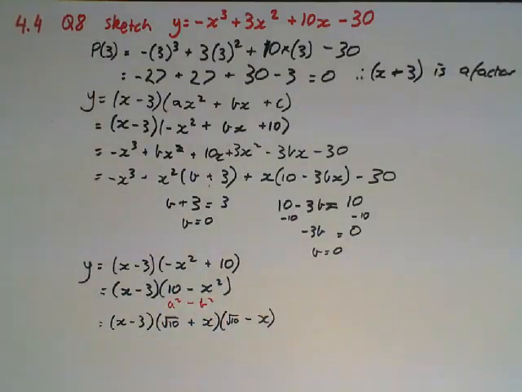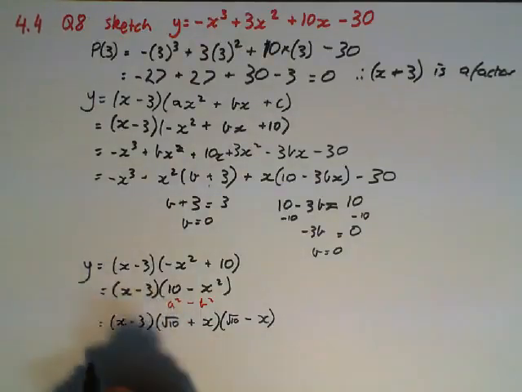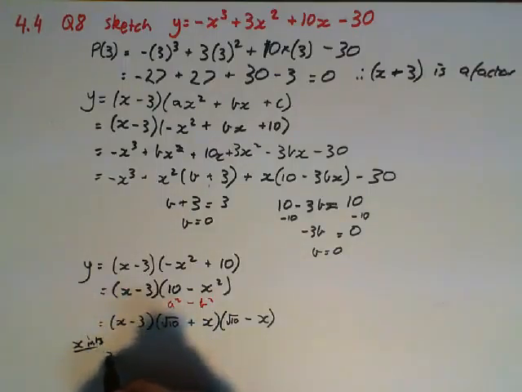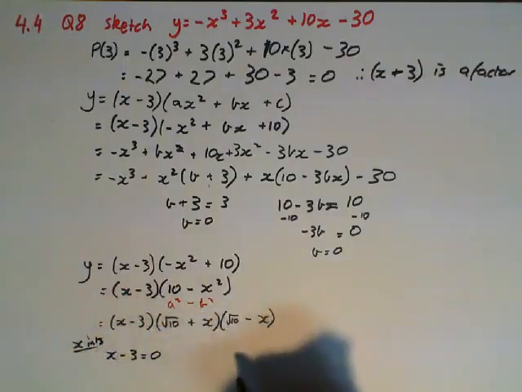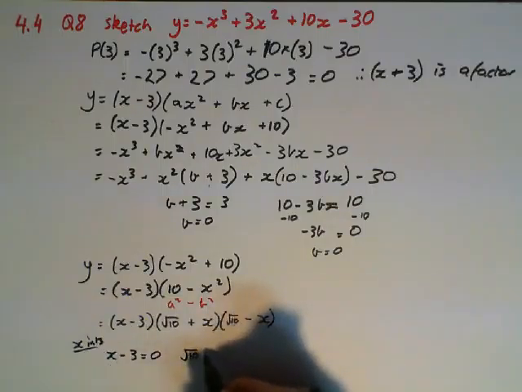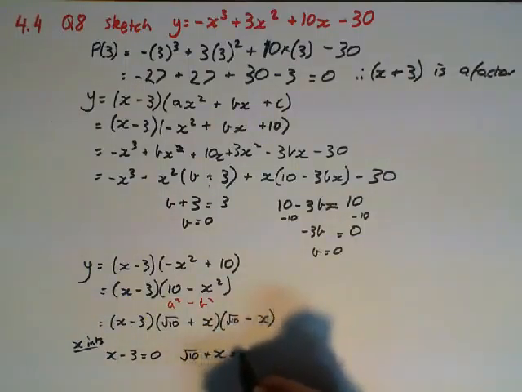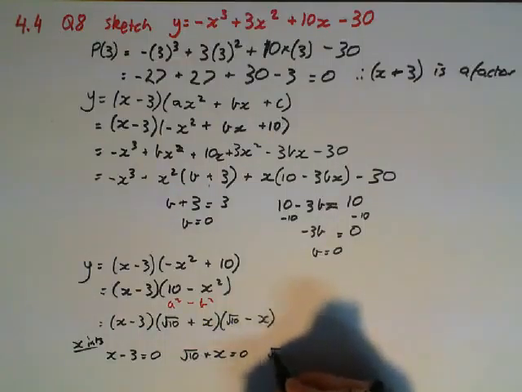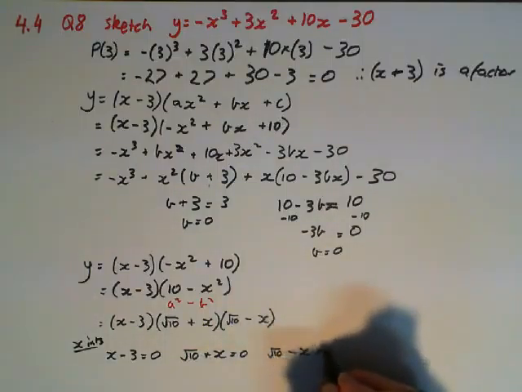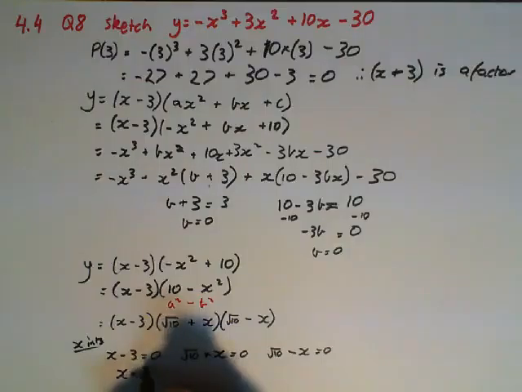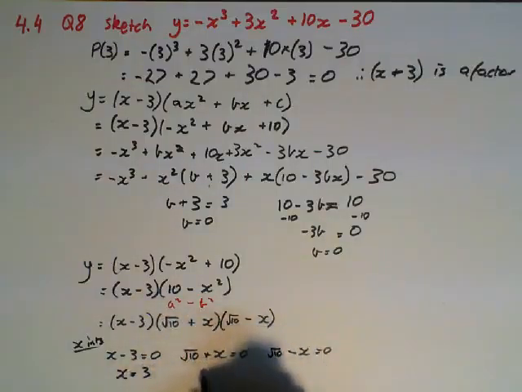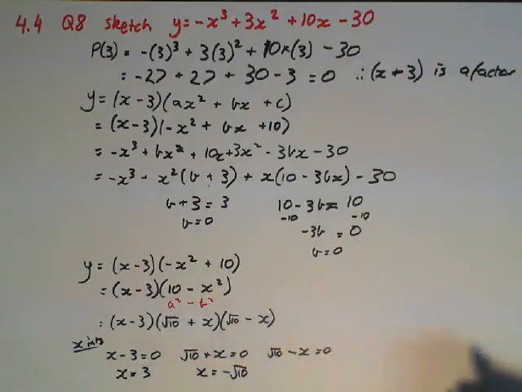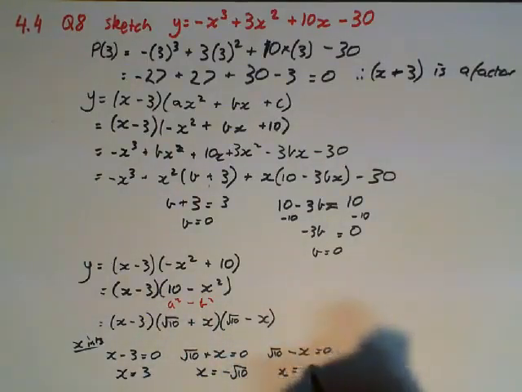Now using the null factor law, solving for our x-intercepts, I can say x take 3 is equal to 0, square root of 10 plus x equals 0, or the square root of 10 take x equals 0. So x equals 3, x equals minus square root of 10, x equals positive square root of 10.